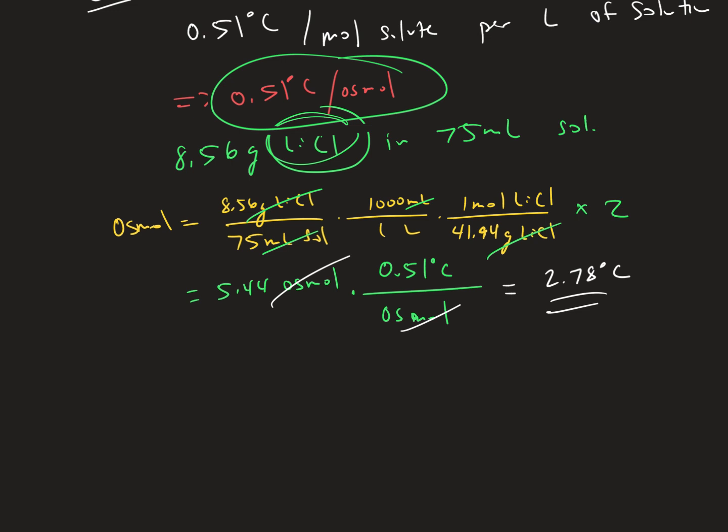Would the answer have been negative if it was the other one? No, we just have to know it lowers. What is this osmolarity? 0.551 Celsius, and what is the bottom? Is it 0.5? Osmolarity.